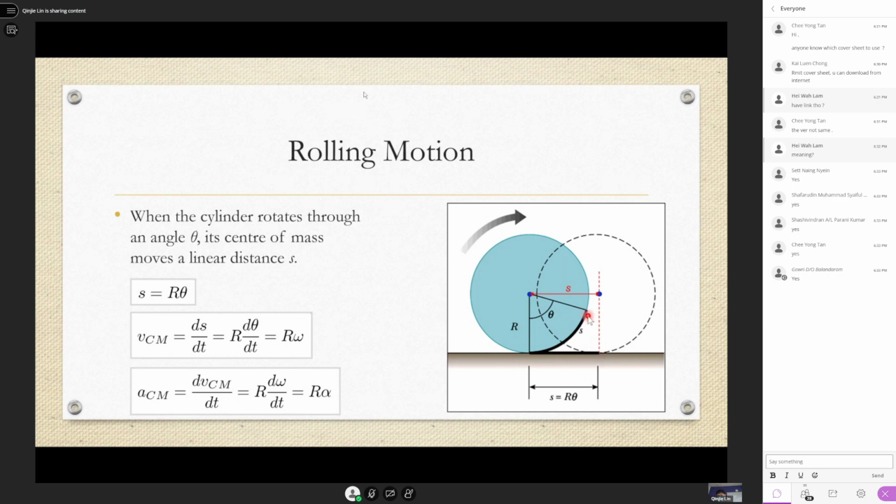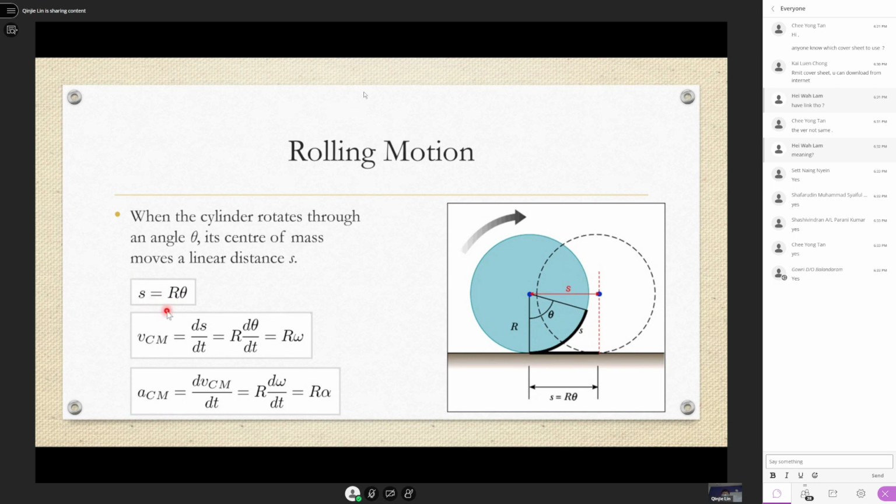And then actually this part will be touching here. So this whole thing, given by the arc length, is s. So the center to center distance will be the same as the arc length of the theta involved, by geometry.